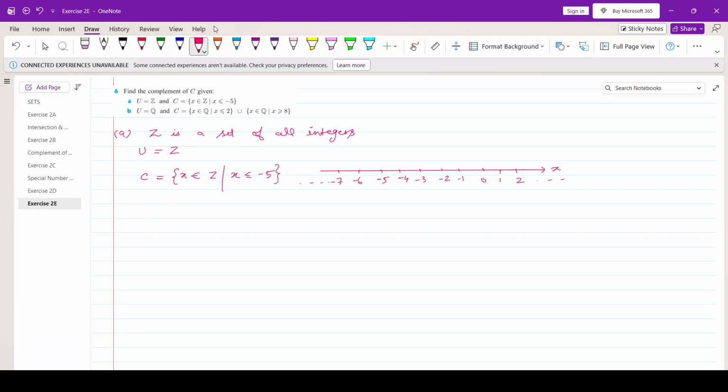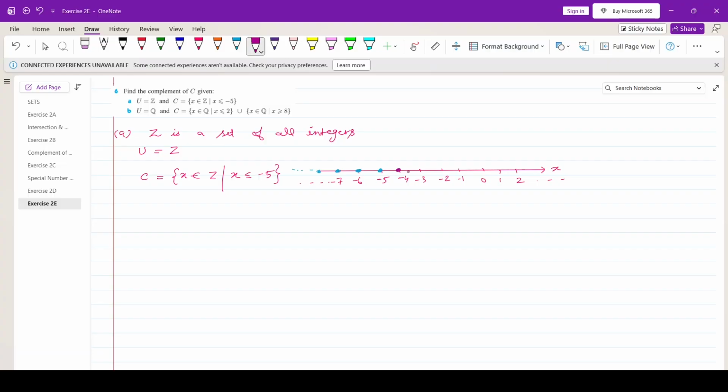Now, subset C is this and all other points over here. So what will be the complement of C? The complement of C will be all the points on the right side of -5.